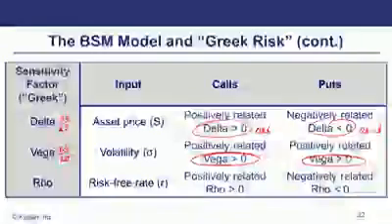And why is this happening? What's the reason for this? The reason is this. Remember, let's take a call. What's the payoff of a call? It is the greater of 0 and S minus X. So in other words, I either get some profit if the stock price goes up, or I get 0.